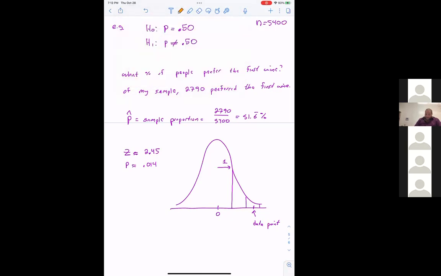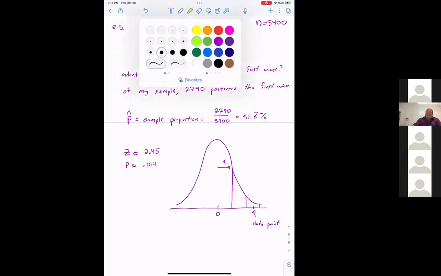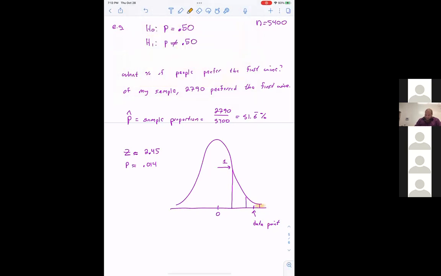Now, if you were to get what you got or something even more extreme, then that means you would have landed there because all of those points are more extreme than the one that you actually got, correct?